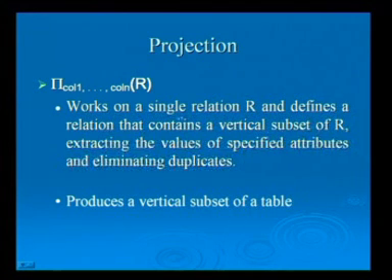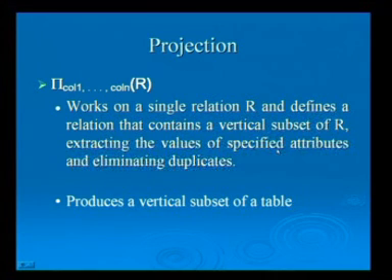This works on a single relation R and defines a relation that contains a vertical subset of R, and it extracts the values of attributes specified, and it also eliminates duplicates. So, projection can be considered as producing a vertical subset of a table.